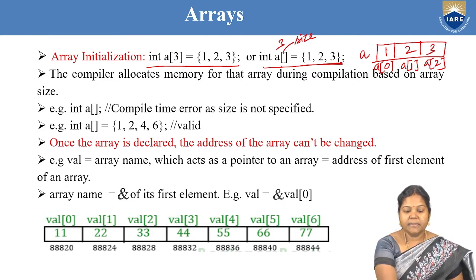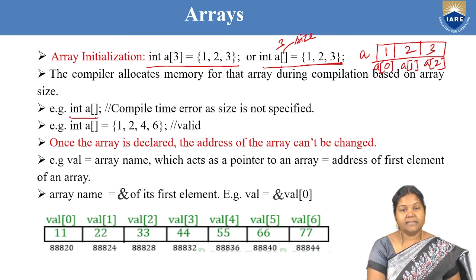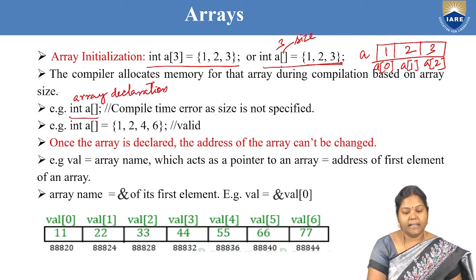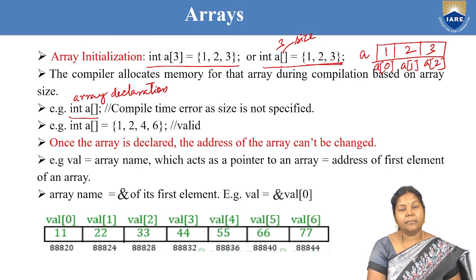Now, if you simply declare an array, this is called array declaration. While declaring an array, if you do not mention the size, then you will get a compile time error as the size is not specified. But if you are initializing it with some values, then the compiler will automatically compute its size from the number of values you are storing inside the array.